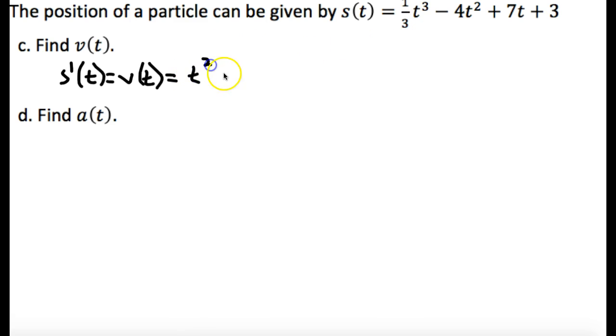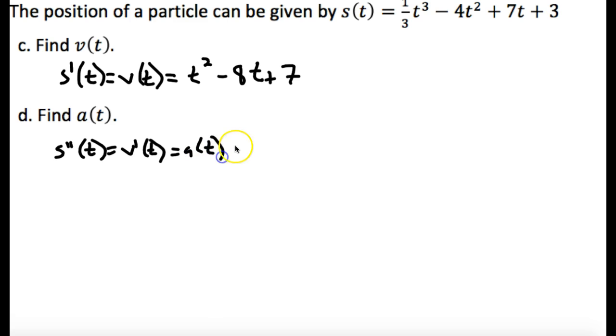So we just get t squared minus 8t plus 7. And then my acceleration function would be the derivative of this. So s double prime of t equals v prime of t equals a of t. This derivative would just be 2t minus 8. So that's my velocity and acceleration.